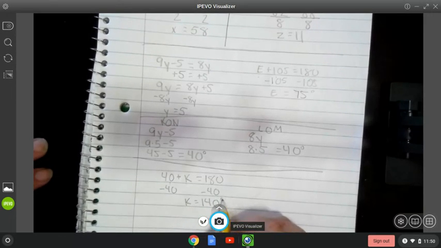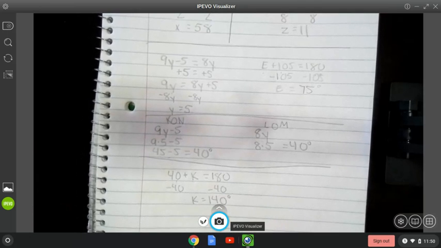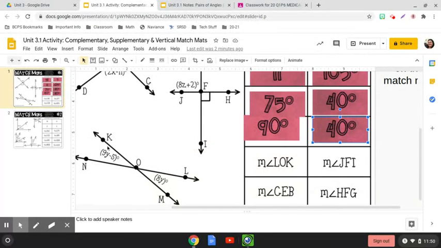140 degrees. And we got that because we know this angle right here, 9y minus 5, is 40, plus this angle right here will give us 180 degrees because these two angles create this straight line right here.